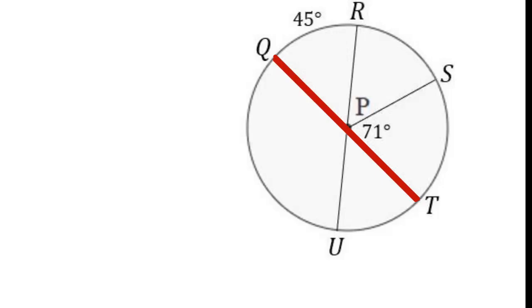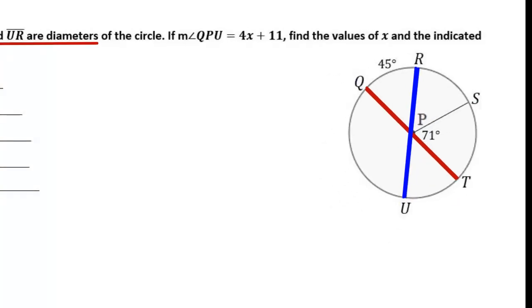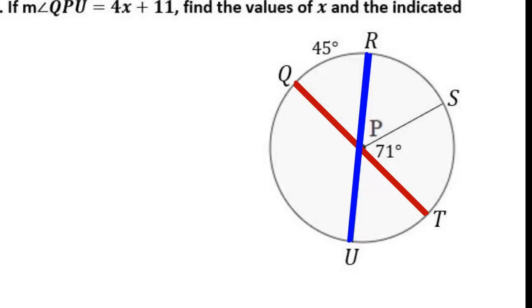And UR is doing the exact same thing. So these are both diameters. And then it says the measurement of angle QPU is 4x plus 11. QPU, that's this angle right here. It's 4x plus 11.